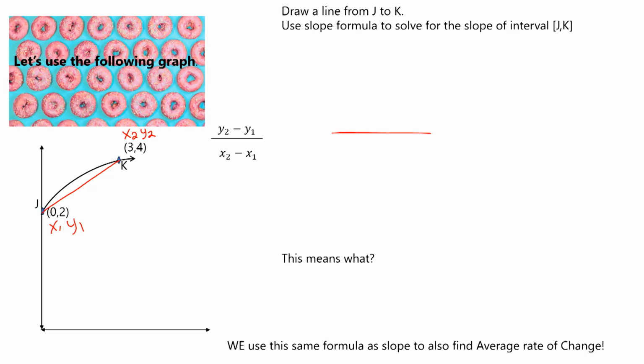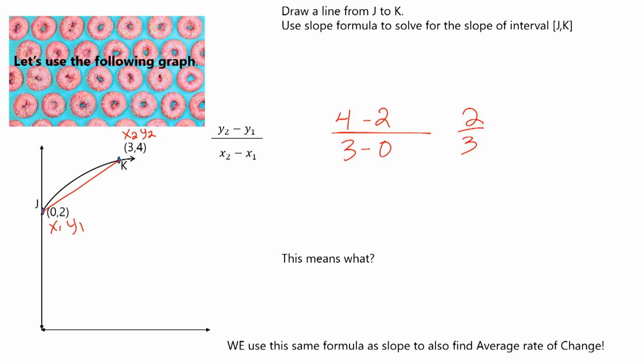So I've got y2 minus y1 over x2 minus x1. Now we're just going to simply do the math. 4 minus 2 is 2. 3 minus 0 is 3. What does this mean? Well, we found the slope of 2 over 3.